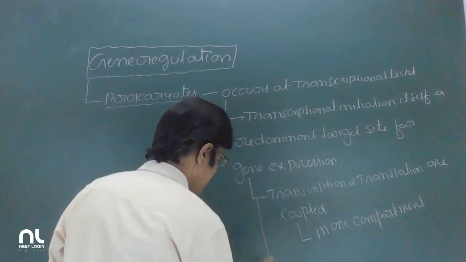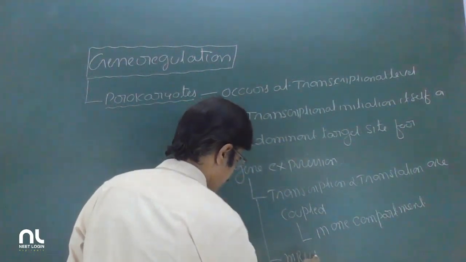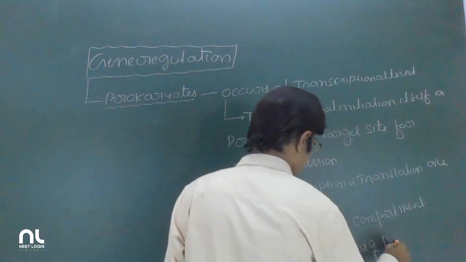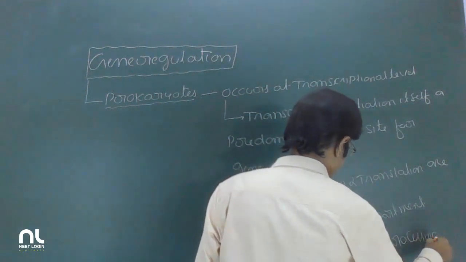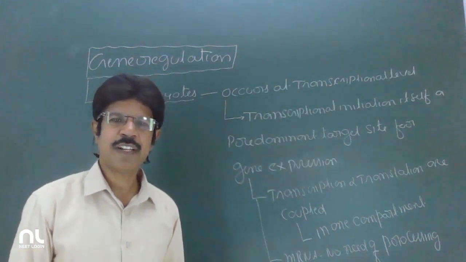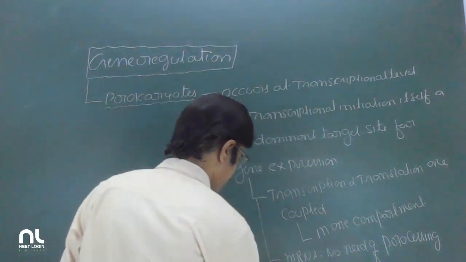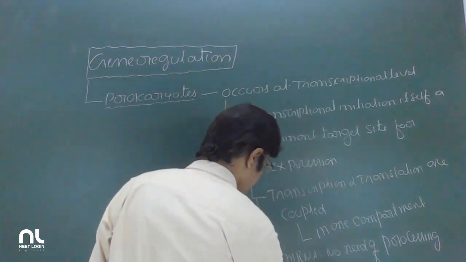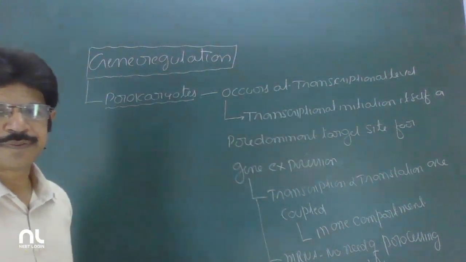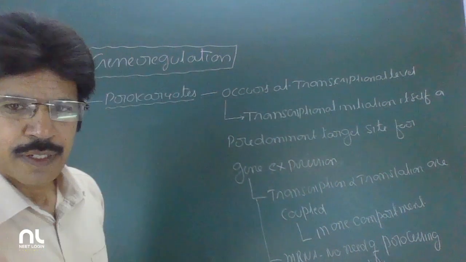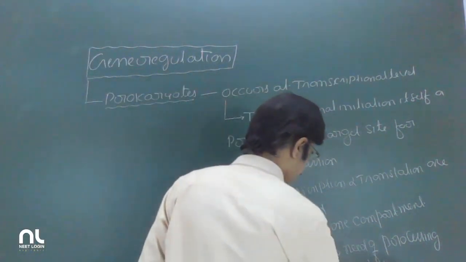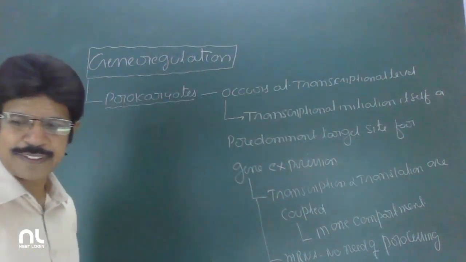Because in this mRNA, there is no need of processing. Earlier we said, why no need of processing? Genes are non-split. So it is not visible. mRNA, no need of processing.